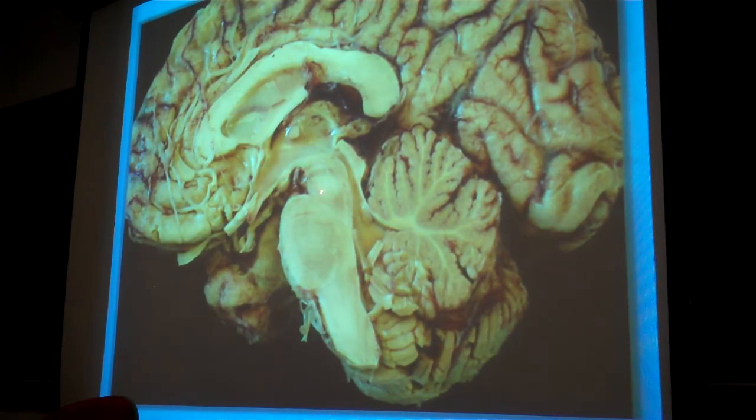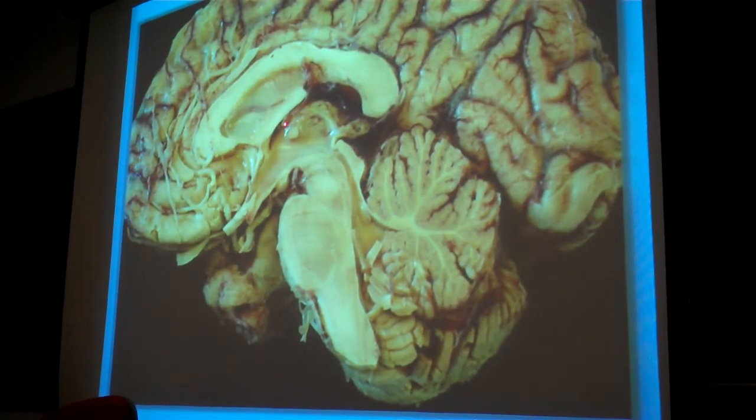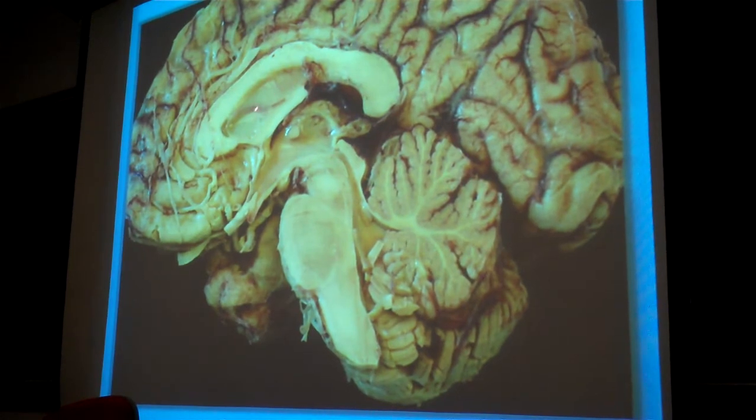Midbrain, pineal gland, corpora quadrigemini, cerebral aqueduct, fourth ventricle, pons, medulla, thalamus, and this veiny-looking stuff, that's the choroid plexus. That's the ependymal cells that are making the cerebrospinal fluid. Here's the septum pellucidum, the membrane separating the two ventricles.